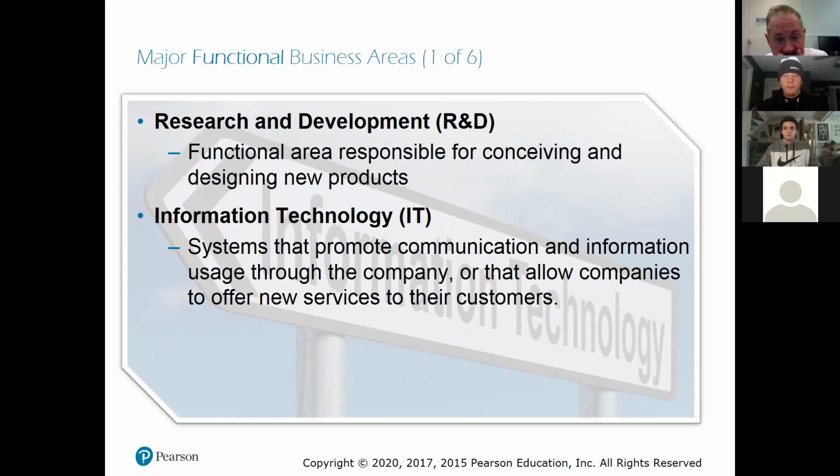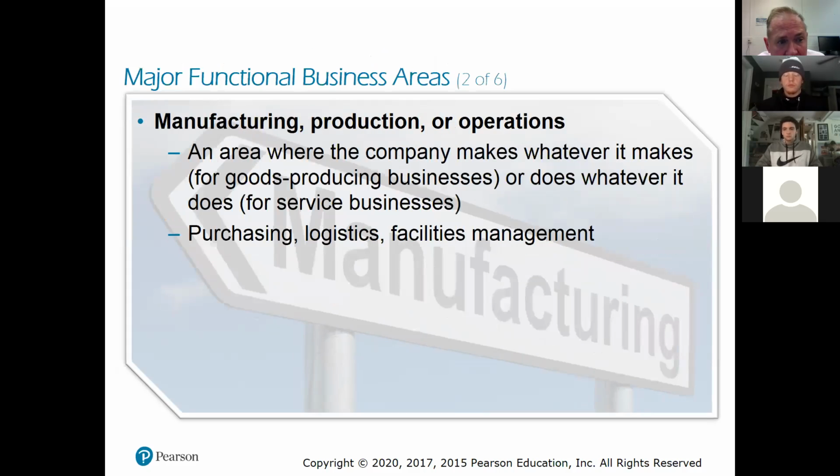You also have information technology that you have to keep up on. And of course, we know that this is just a huge problem for companies these days with Russia and Iran and probably China, all trying to whack into companies' databases to steal their information. You also have manufacturing, okay?